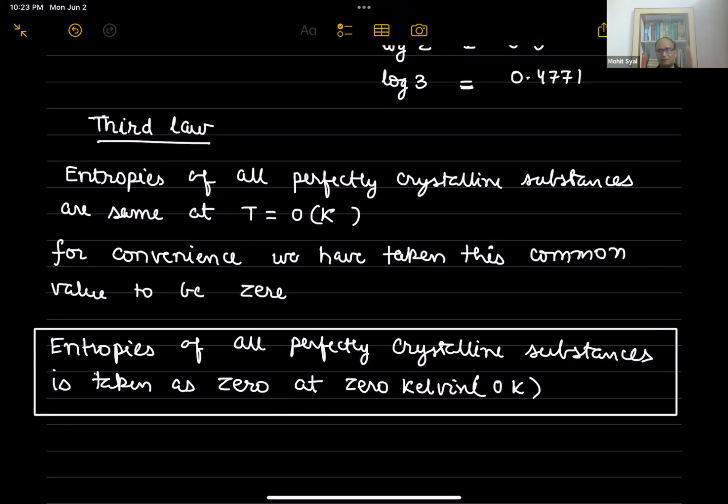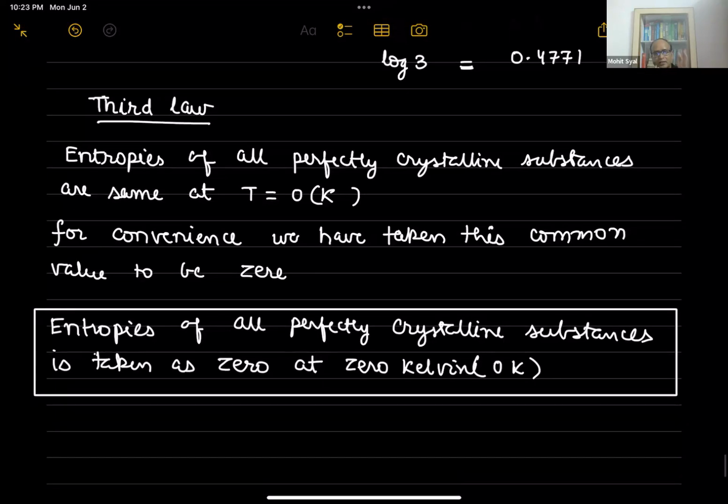If you heat a gas more, its particles will move more quickly here and there. They will vibrate more. If you heat a solid, the particles will start vibrating, and at a point they may melt, and the particles may start moving here and there.